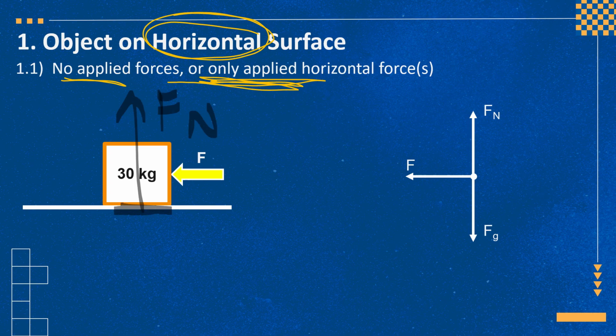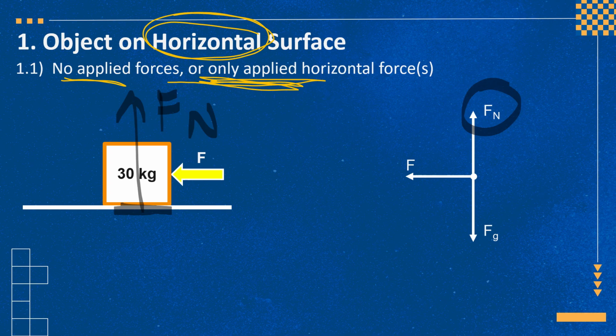Because you can see that objects lying on a table or on a floor do not sink into the floor or the table. They stay on the surface. Why? Because of the normal force. Because the job of a normal force is to prevent an object from falling or moving into the surface. So there's definitely a normal force on that table.